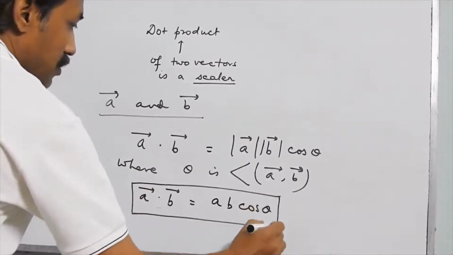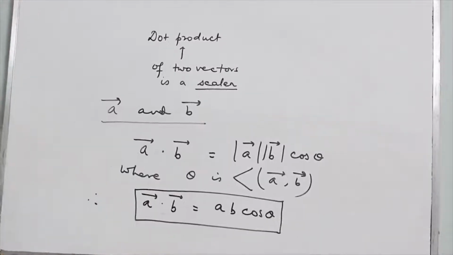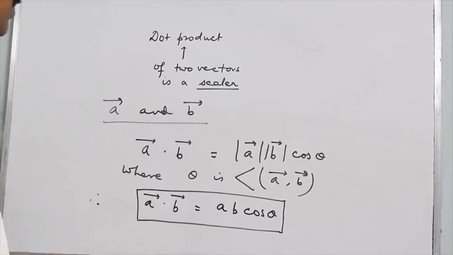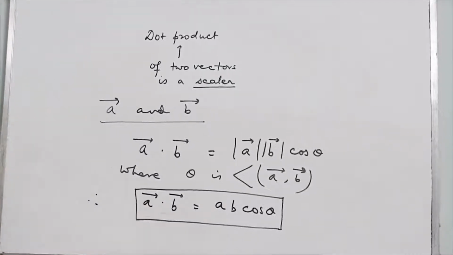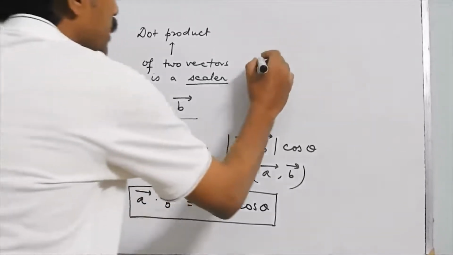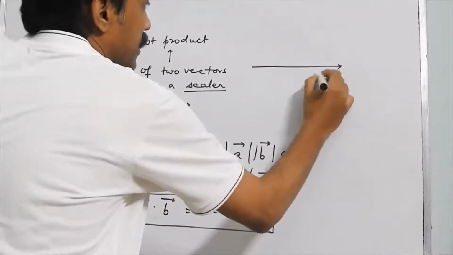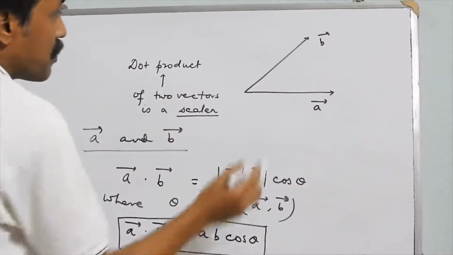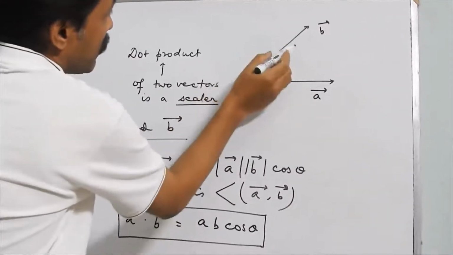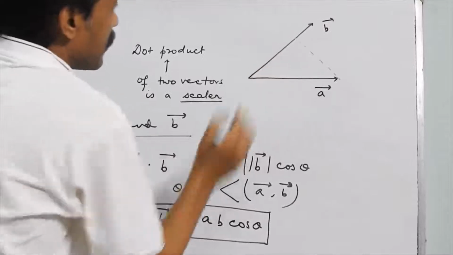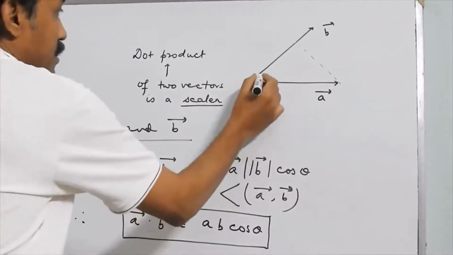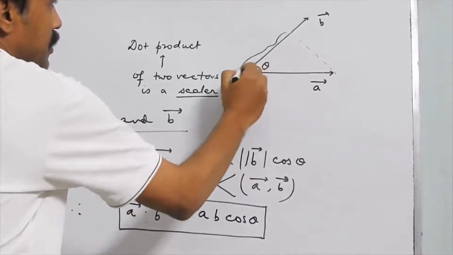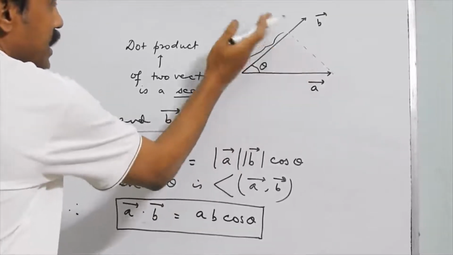But why do we need dot product at all? Now the dot product is calculated to find the projection of one vector along the direction of another vector. So suppose this is a vector and this is b vector. So if I draw a perpendicular from a vector on b vector, the angle between a vector and b vector is suppose theta, then this portion of a vector will get inclined with b vector.